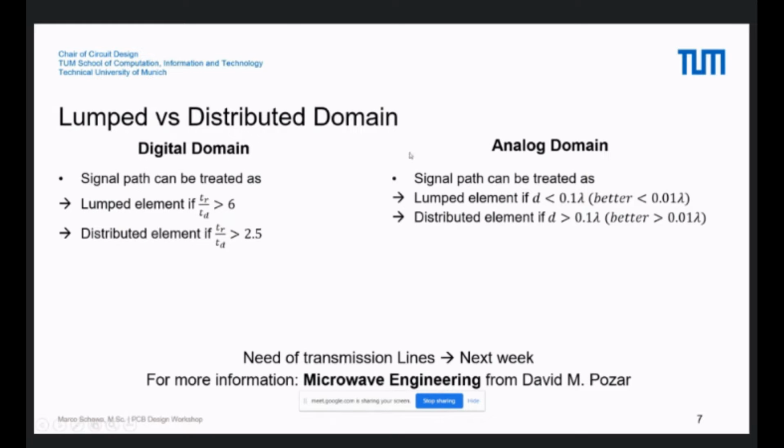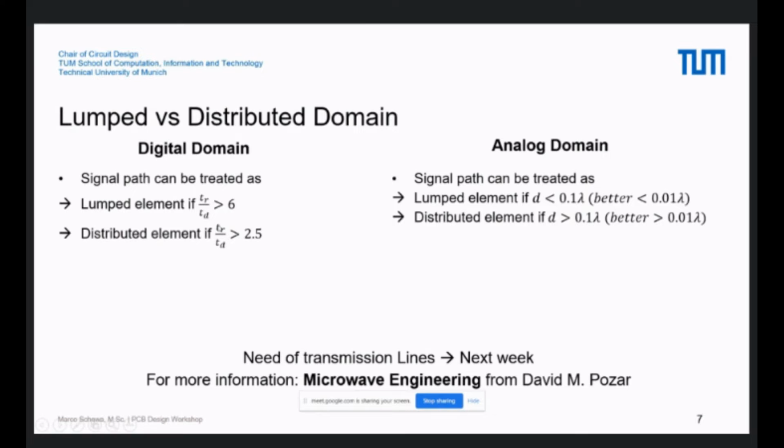So if you do a design, you have to decide what kind of circuit you are using, the lumped or distributed circuit. So in the digital domain, the signal path can be treated as a lumped element if the rise time divided by the time delay is greater than 6. Then you can only use lumped elements for your simulation.